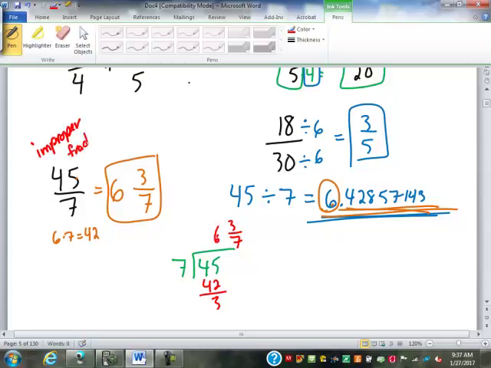Now the word improper fraction implies there's something wrong with it. There's nothing wrong with it. We just don't like having it written that way because we've got it broken down into all these pieces. It's usually easier for us to see it as whole numbers, whole objects, and then leftover pieces, which is right here. This is what we call a mixed number, because it mixes whole numbers and fractions together.